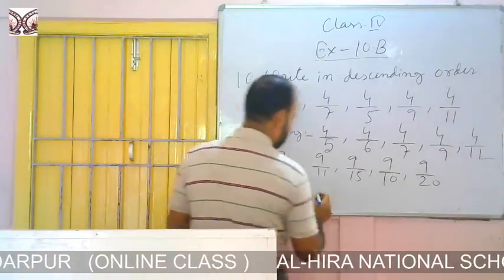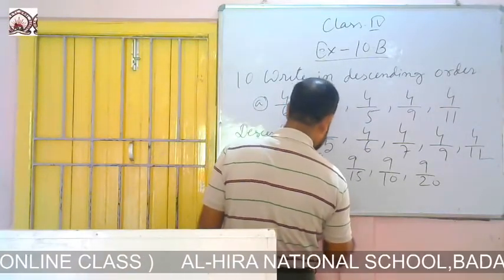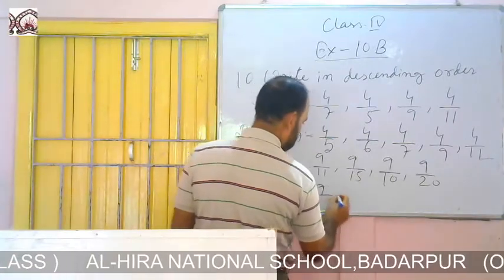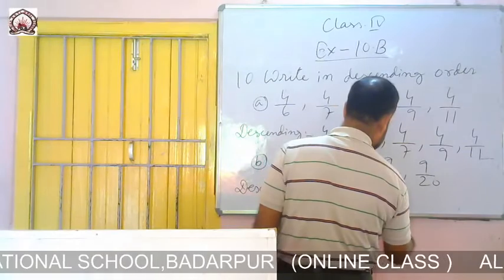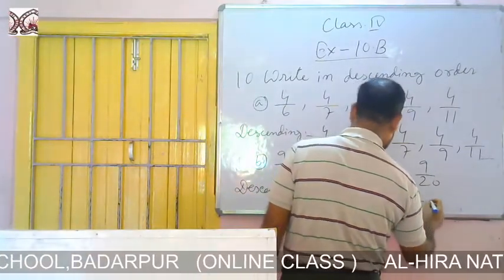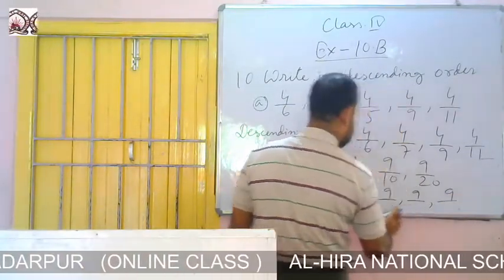Descending, that means first we write all numerators 9, 9, 9.